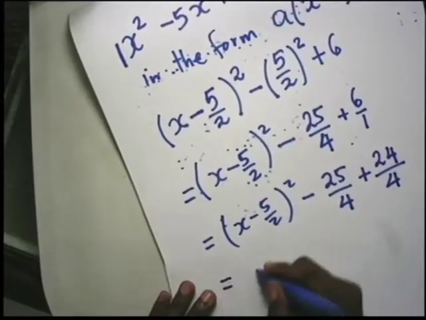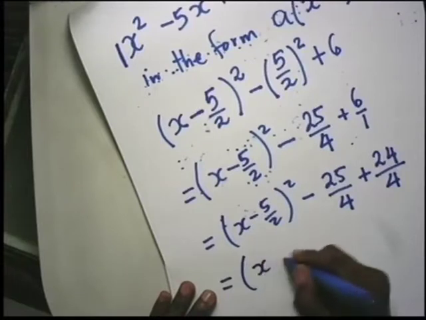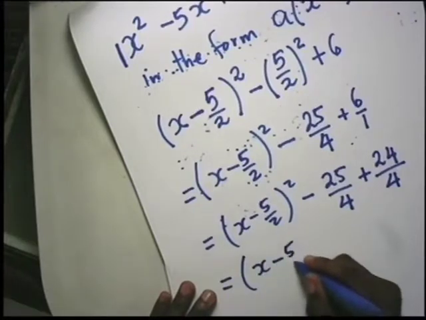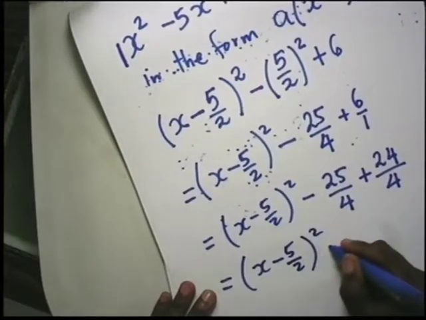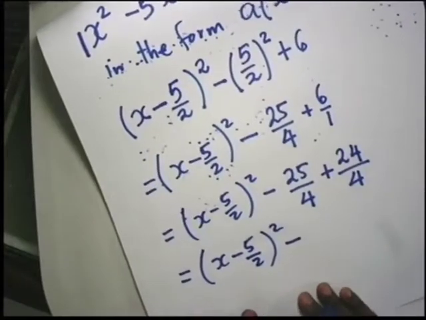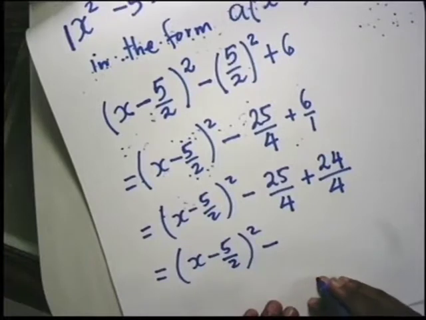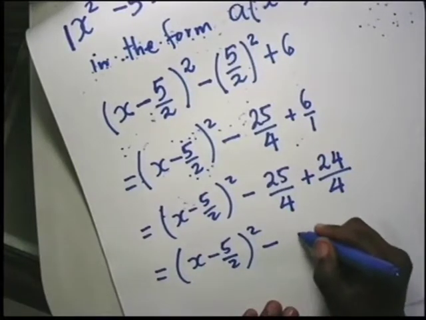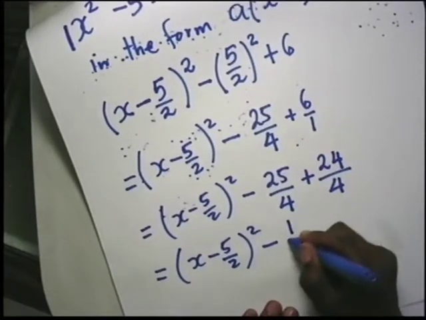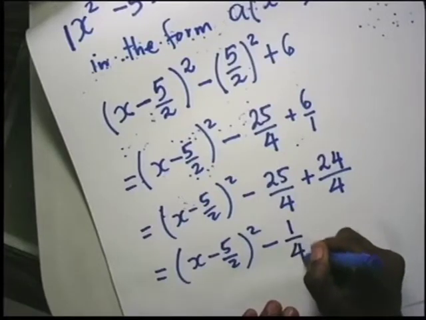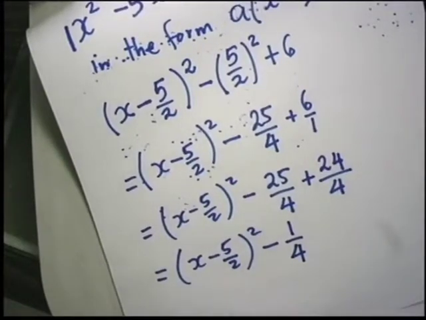Move on and write the next step. x minus 5 over 2 squared minus, okay, what do you have there? We have negative 1 over 4. If you use your calculator, that is what you will have.